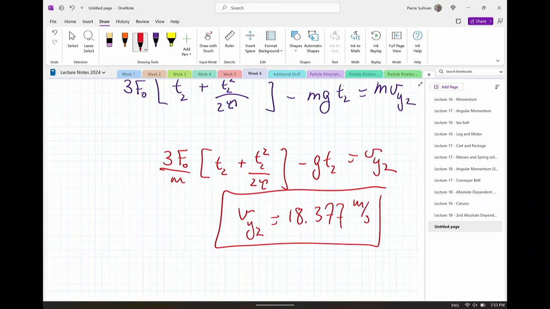You can see it's a pretty impressive sort of acceleration if you figure out 18 divided by 1, 18 meters per second squared. That's pretty good.